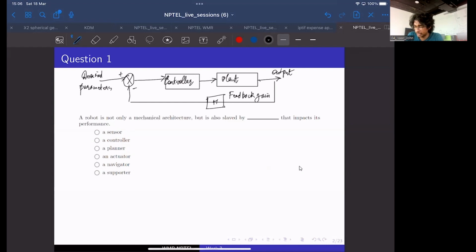This is a simple representation of a system that is controlled by a controller using its system feedback.